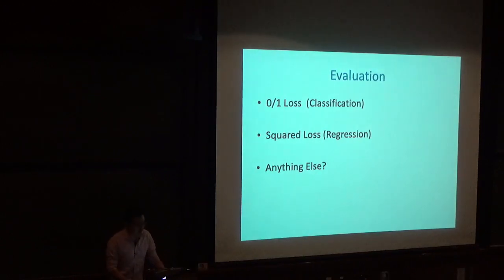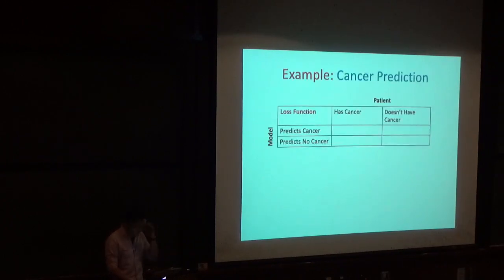So when we evaluate a model, not training, we're not going to talk about training right now, we can evaluate classification using 0-1 loss. We can evaluate regression using squared loss. Well, what else can we do? Here's a toy example, but I think it illustrates some ideas.